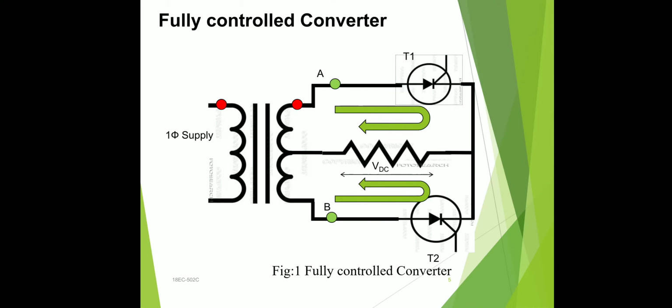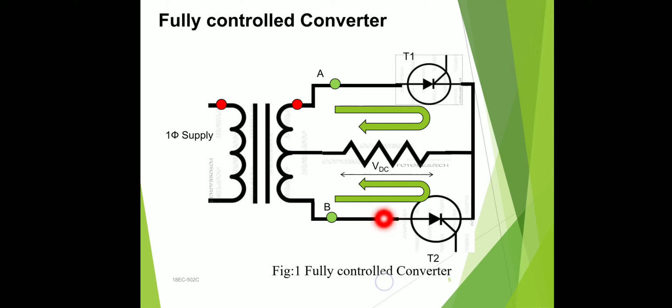Before going to these waveforms, see, if the input is a positive cycle, that means A is positive with respect to B. A is positive means for the T1 thyristor, the anode is positive, and B is negative. That means for T2 the anode voltage is negative.